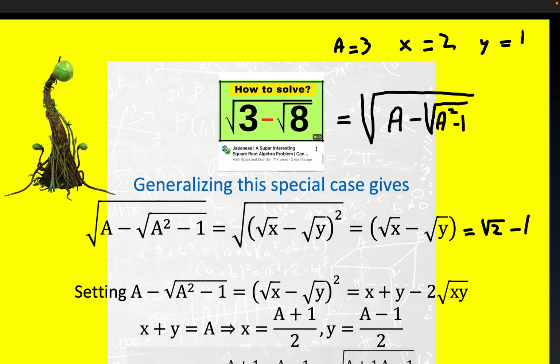Again, it's very easy when you square this. The square root of 2 minus 1, quantity squared, is certainly equal to the square root of 2 squared, which is 2, plus 1 squared, that would be 3.